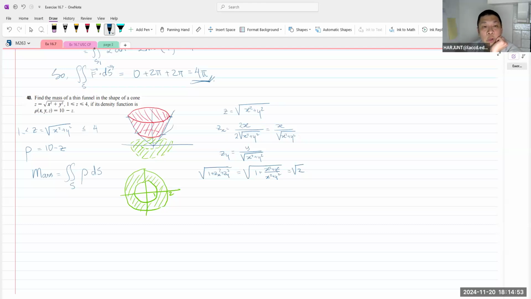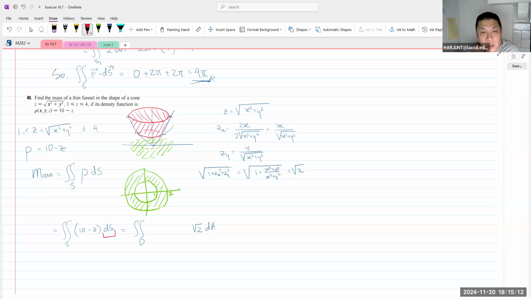Okay, so if we go back to that mass, that's the double integral over S of 10 minus z dS. The S now becomes D, so that dS becomes square root of 2 dA, right?